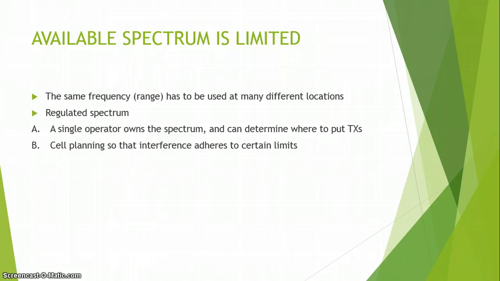Cell planning is done so that interference adheres to certain limits. Most physicists say that the radio electromagnetic spectrum is very much a natural resource, and it may not be created, but it can be used in positive ways. If one spectrum is full, then you must use another spectrum which is very high in cost. So use it wisely, brother.